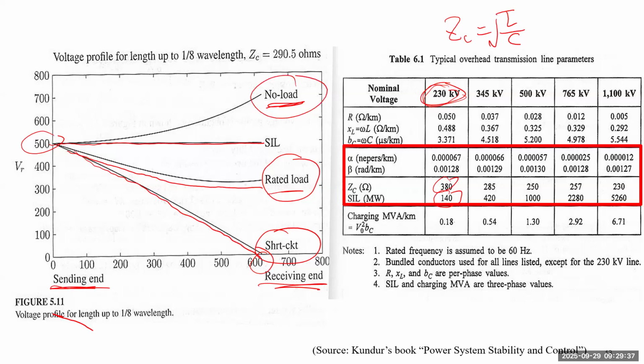Right now, if you need to power a much higher load than 140 megawatts, for instance around 400 megawatts, it's better to have a higher voltage line, 345 kV. Then you can maintain near the surge impedance loading. If you want to power 1 gigawatt, it's better to have a 500 kV line.